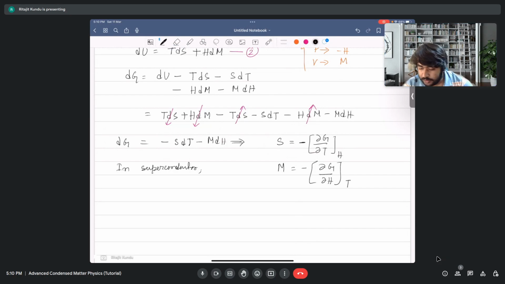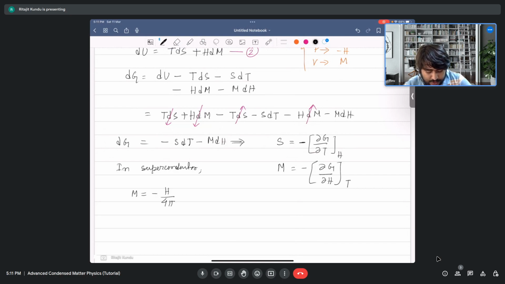Right, so for a superconductor, the magnetization is related to the external field. Normally there are two parts, the internal magnetic field and the magnetization. But for a superconductor you can assume that there is no magnetic field inside the bulk. So the magnetization and the external field are related by a simple equation: M is equal to minus H by 4 pi.